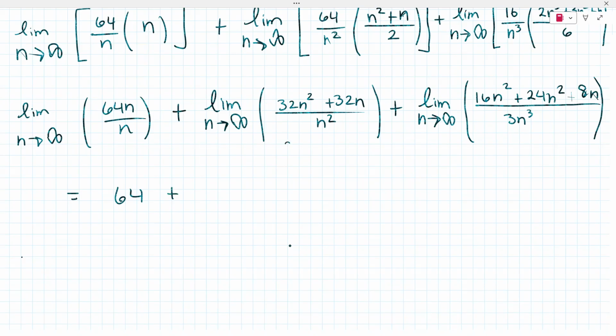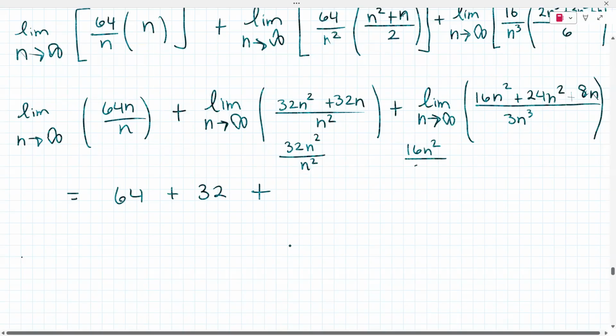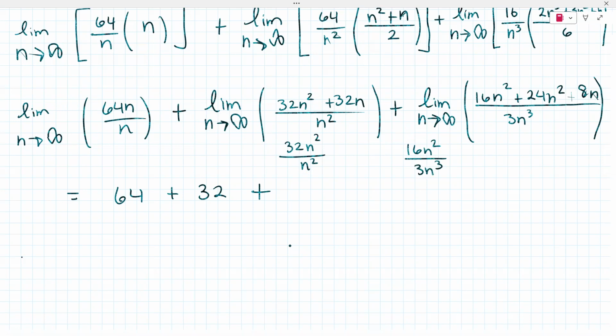So it's 32n squared on the top, and the highest term on the bottom is n squared. So the degrees are the same, so you just use the coefficient. Plus, the highest term on the numerator is 16n squared, and the highest term on the bottom is 3n cubed. So according to your horizontal rules, if it's bottom heavy, it's 0.